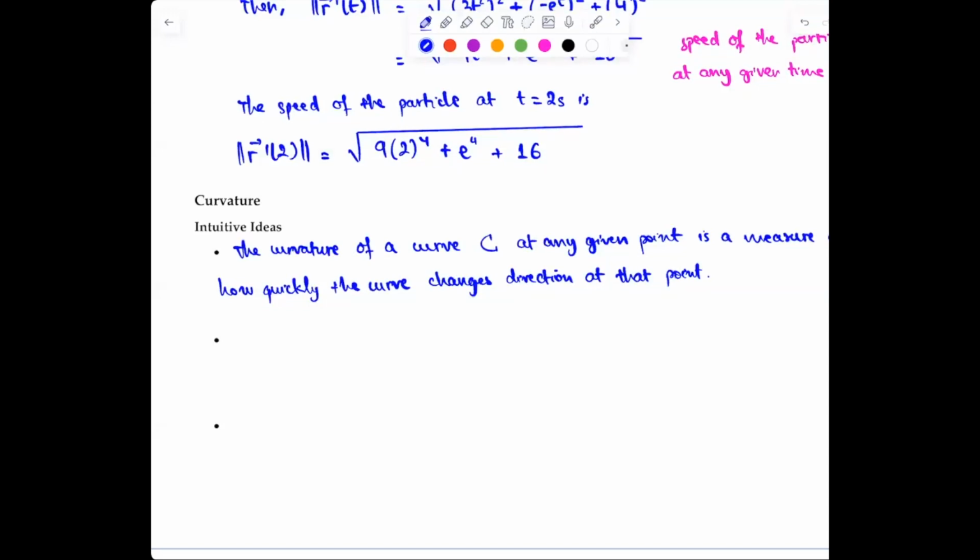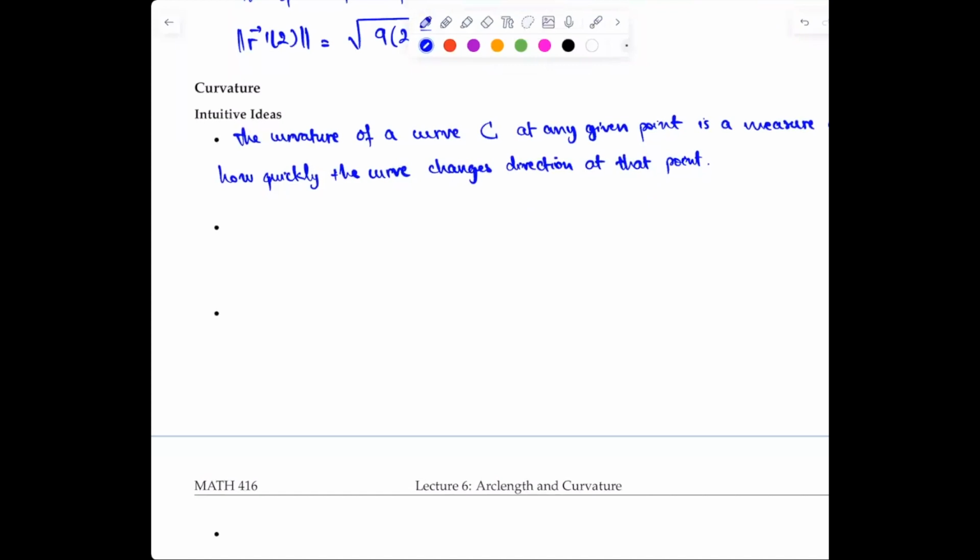Okay, so the next bullet says that if the curvature is 0, you were walking back facing this way.